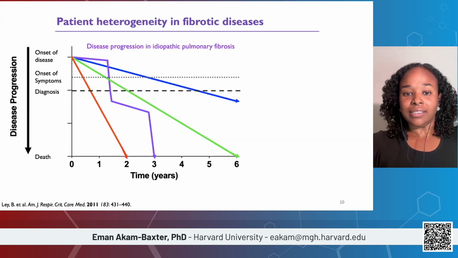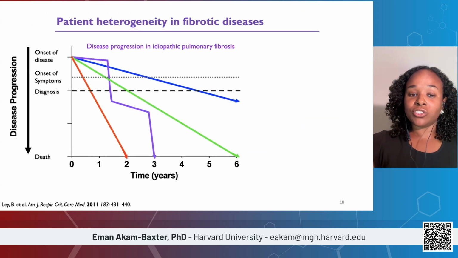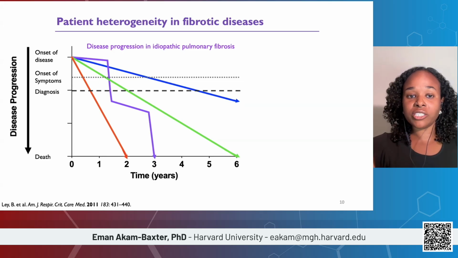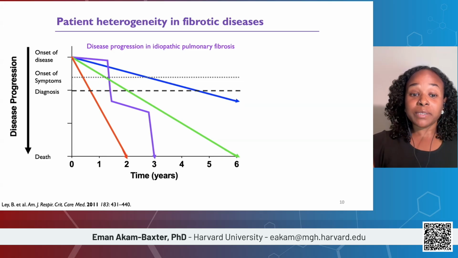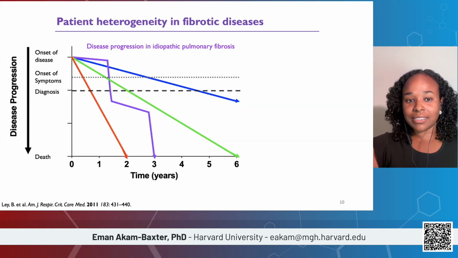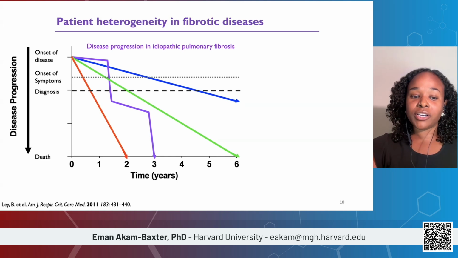So then, for the last couple of minutes, I want to tell you about our efforts in translating some of these technologies. We're interested in developing these technologies to be able to stratify patients. So in a lot of fibrotic diseases like idiopathic pulmonary fibrosis, the patient population is very heterogeneous in terms of disease progression.